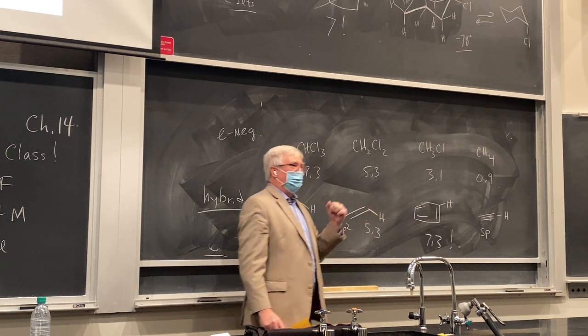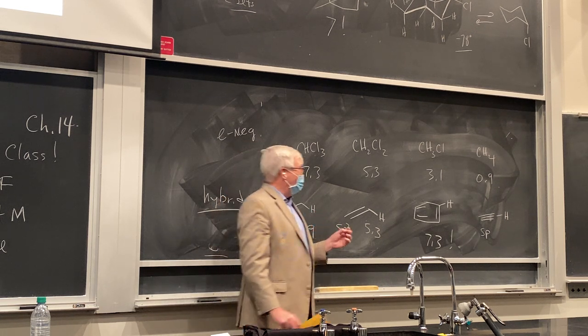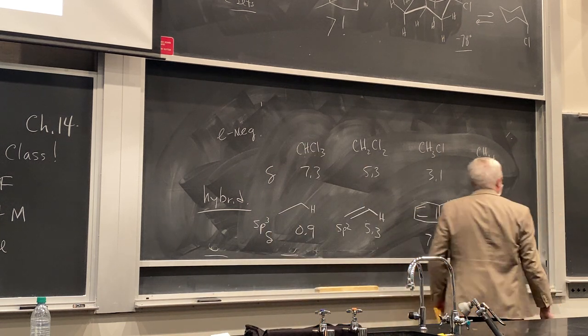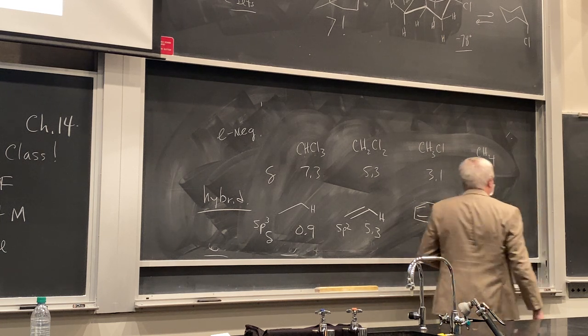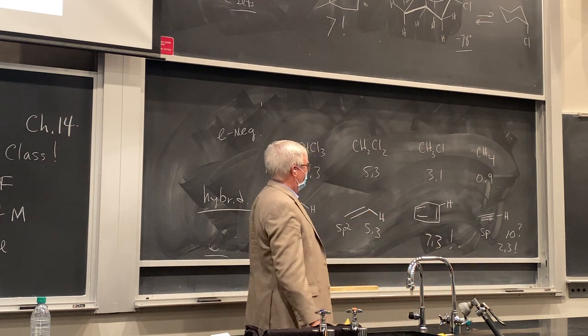Higher or lower? It's 50% S now. So what should it be? Higher. You might guess 10. It turns out it's 2.3. There's a significant shielding effect that has to do with this.